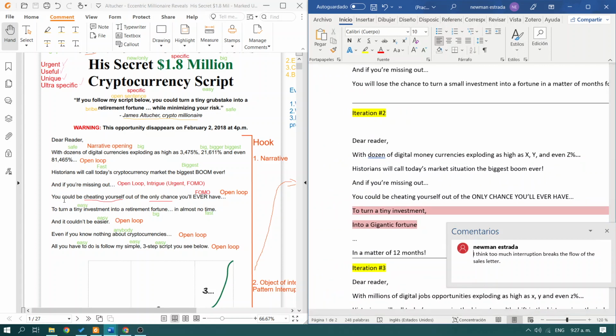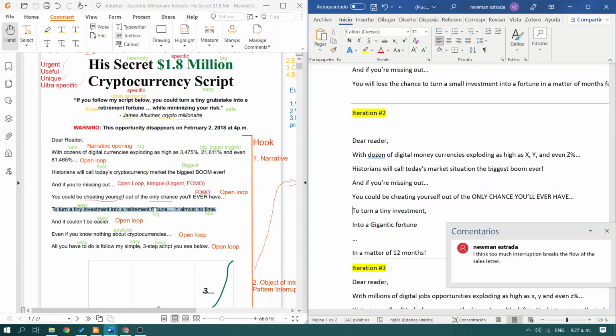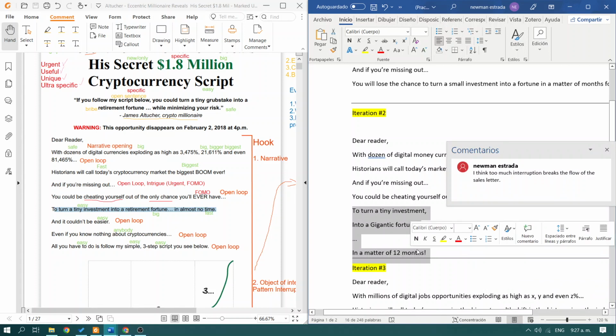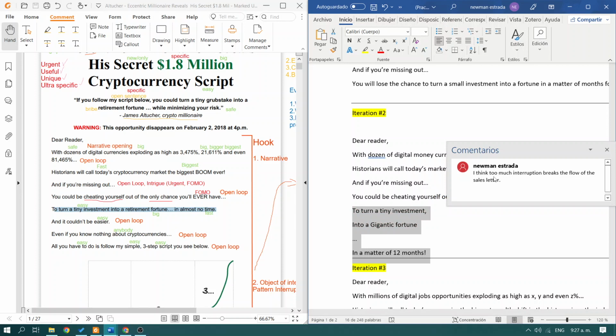He uses just one line to tell this: to turn a tiny investment into a retirement fortune in almost no time. He tells all of that in just one sentence, in just one line. But I broke it down into four. And this is an observation I made yesterday.